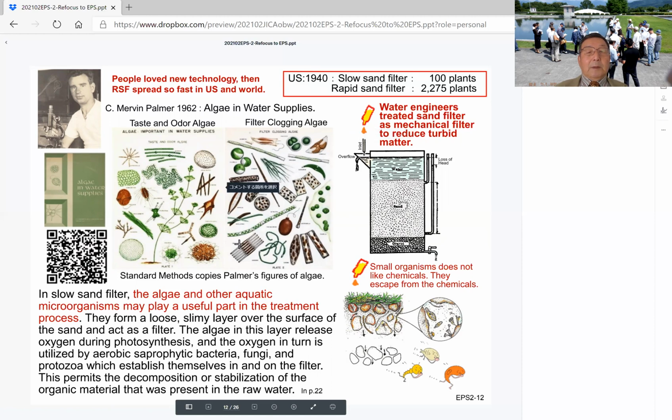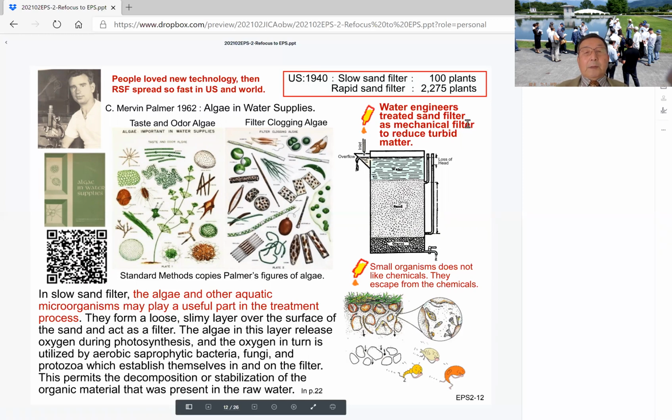In that case, the animals cannot work in this sand layer. Usually these algae are food for them. But if treated with chemicals, the animals cannot survive.